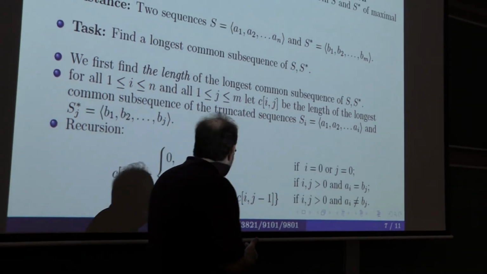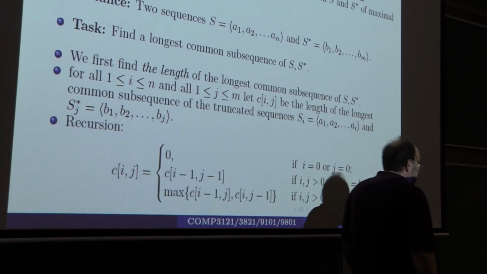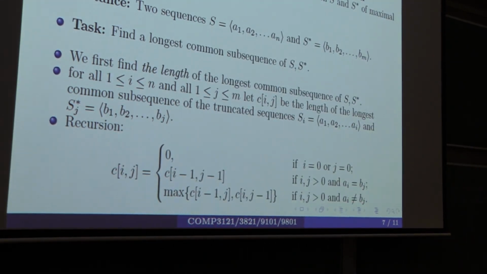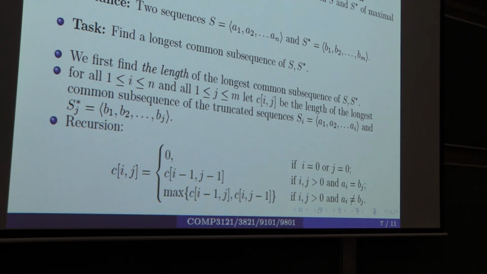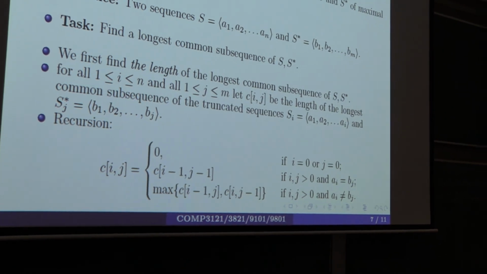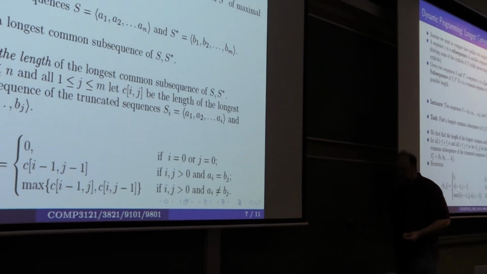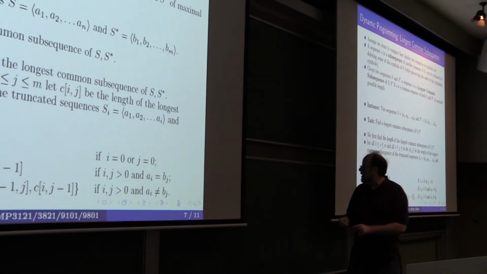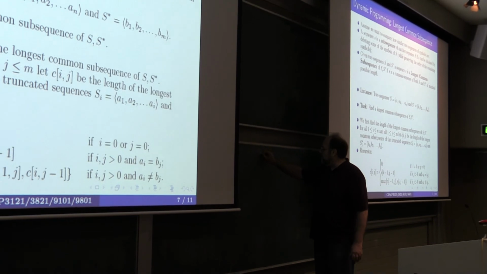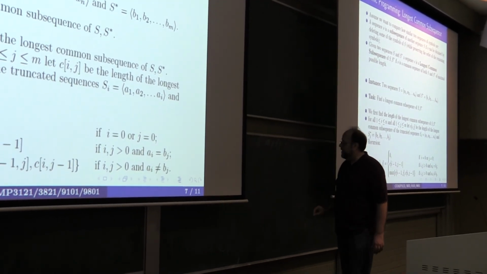You see, instead of solving this problem, we are again generalizing. So instead of solving this problem, we will do the following. Say the size of the sequences is m times n.